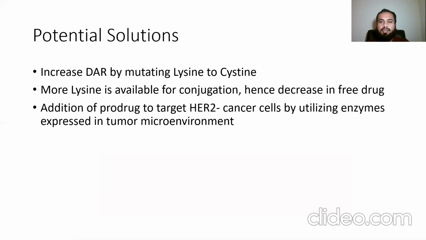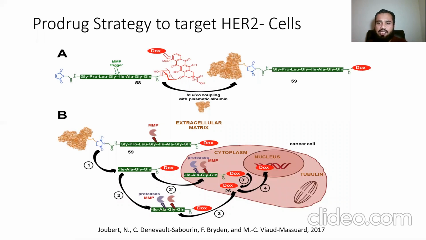And the third is that the ADC is highly specific and targets only the cells that overexpress HER2. We thought we could broaden its horizon by targeting the cancerous cells that do not overexpress HER2. This could be achieved by making use of enzymes that are highly active in the tumor microenvironment, like beta glucuronidase. Here it is a matrix metalloproteinase.